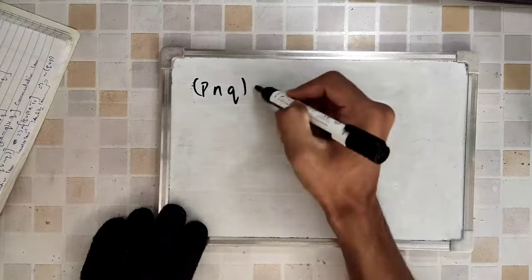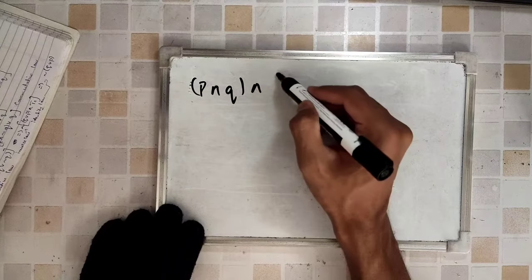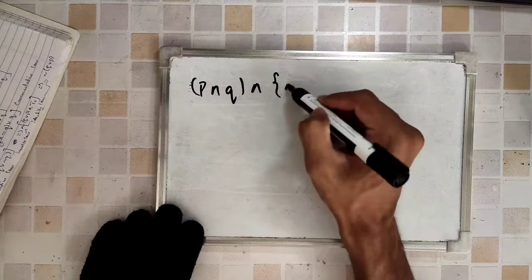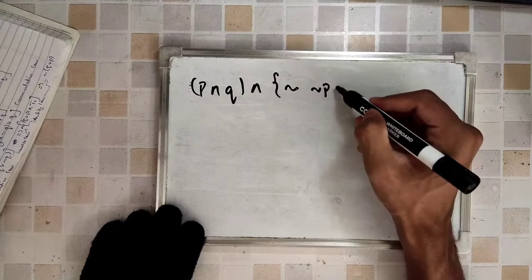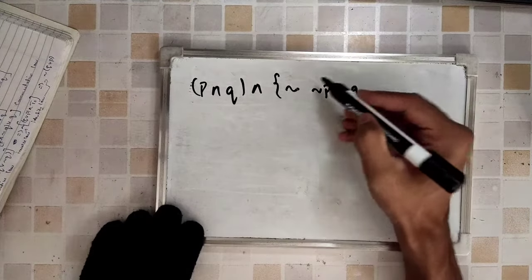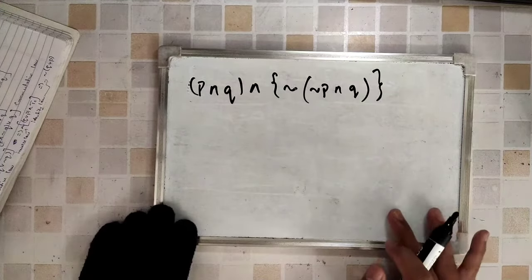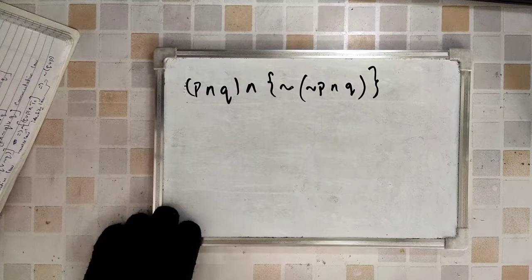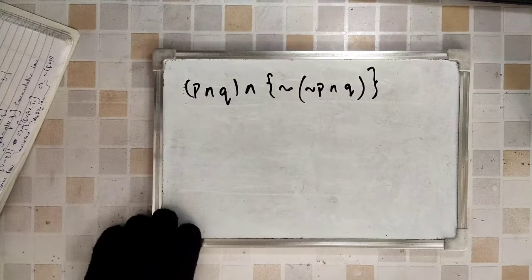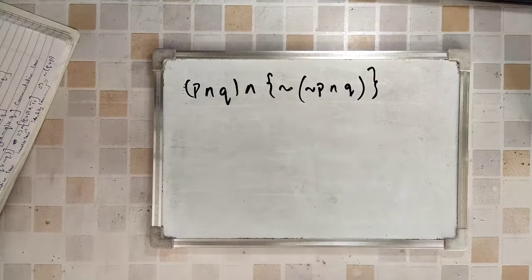So here we have P or Q, and negation of P and Q, then whole negation of that thing, and P and Q. There are many ways you can do this.